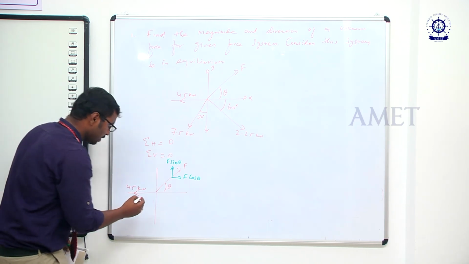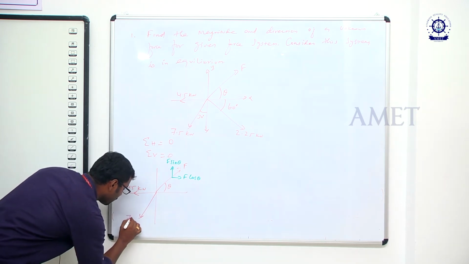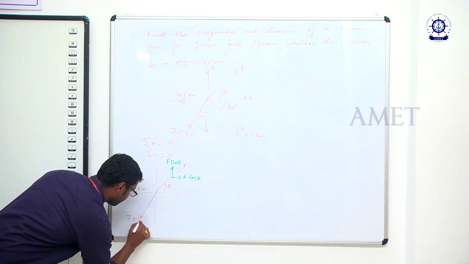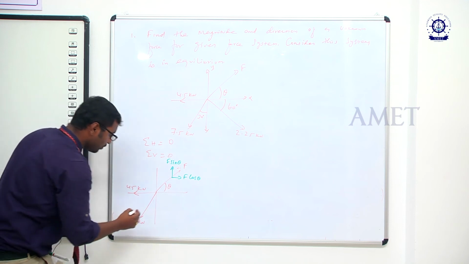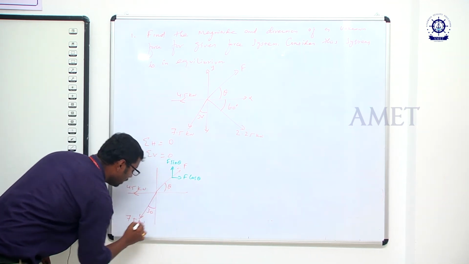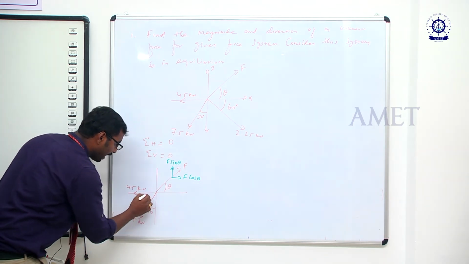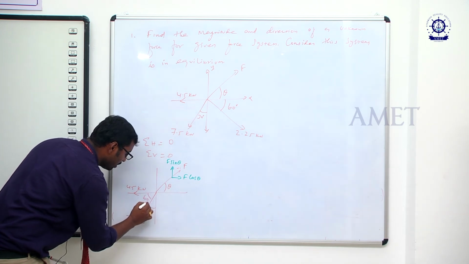The third one is acting in the third quadrant. The magnitude of this force is 7.5 kilonewton. The angle between the force and the y axis is 30 degree. For my convenience, I am going to convert this angle to the x axis, which is 60 degree.